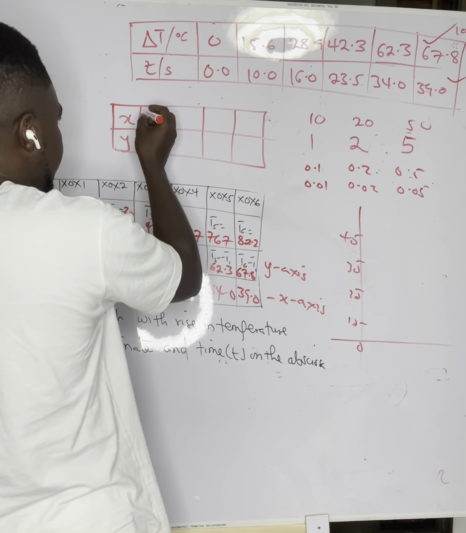Okay, let me choose an interval between 30s. So 30, 32, 33, 35.